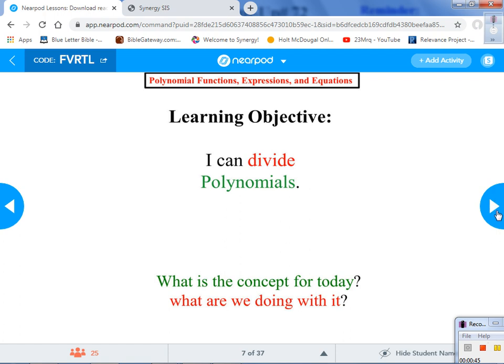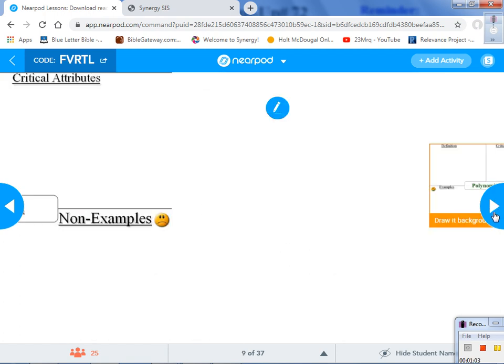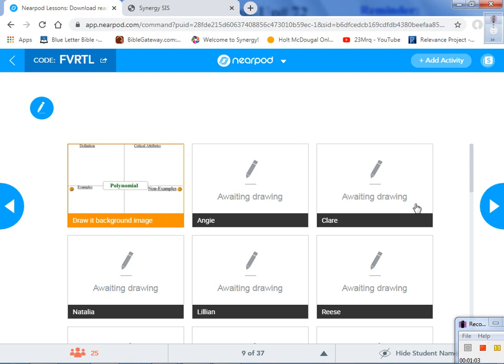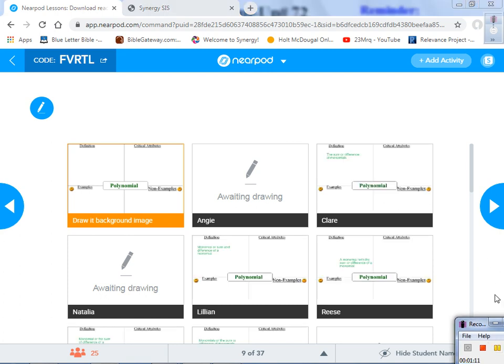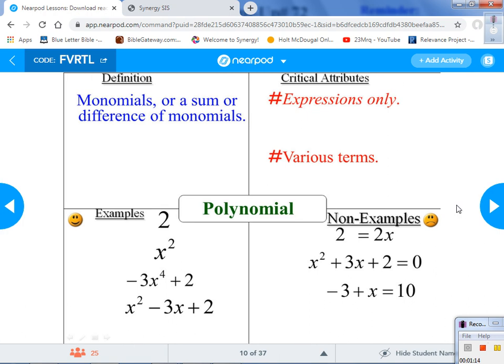All right, good. Send me the definition, 20 seconds. Thank you. So by now we should know that polynomials are monomials, or sums or differences of monomials, yeah? Yes, Mr. Q.